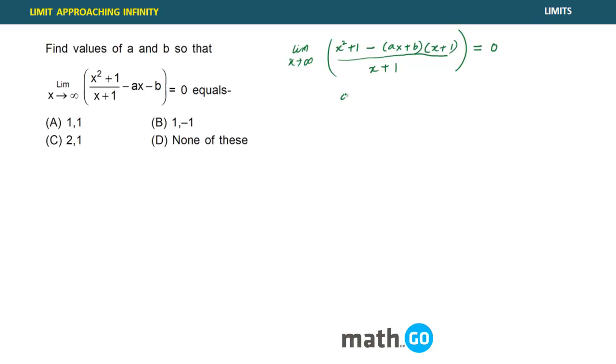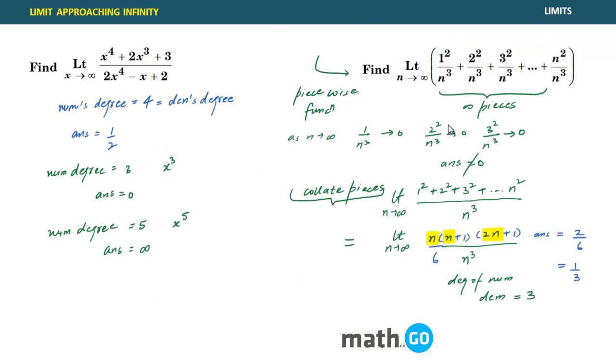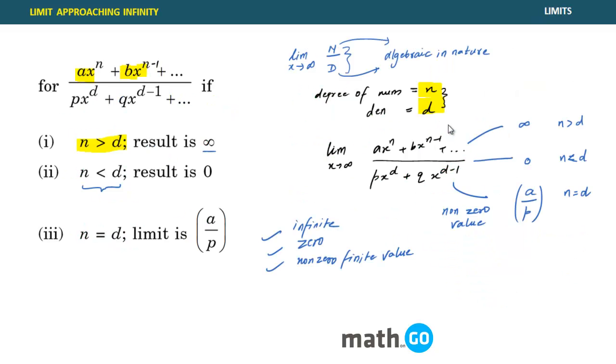So this is what is given, and this is given to be 0. Can you see this is algebra in the numerator divided by algebra in the denominator, and the limit is tending towards infinity, and the answer to this is 0. So when would the answer be 0? Can you tell me? We just did it. I'll just revise it for you. Can you see when the answer is coming out to be 0?